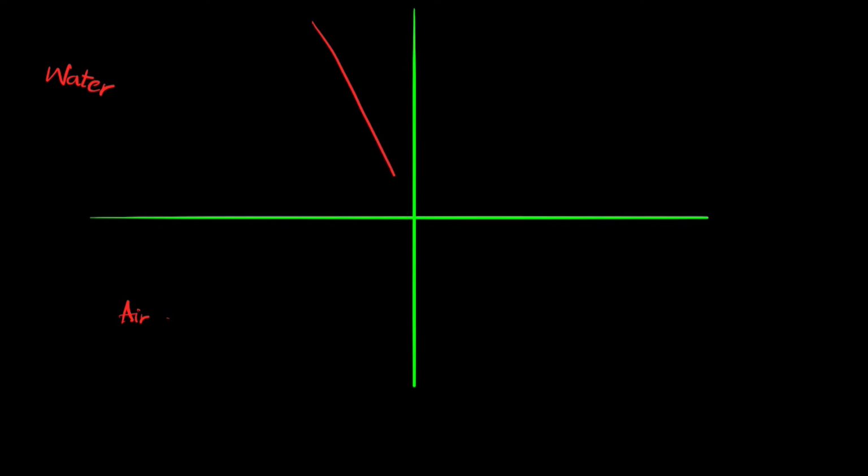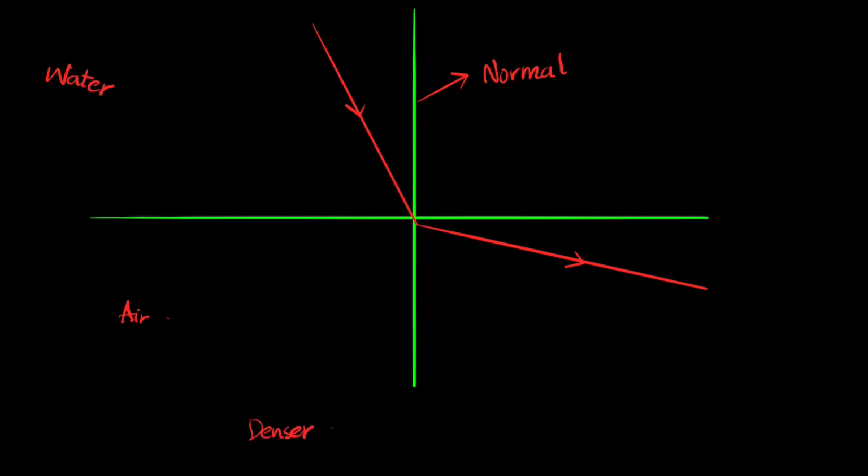Here the light wave comes in like this and it bends away from the normal, so it goes away like this. Notice that this here represents the normal. So when you're going from a denser to a rarer medium, the light bends away from the normal.